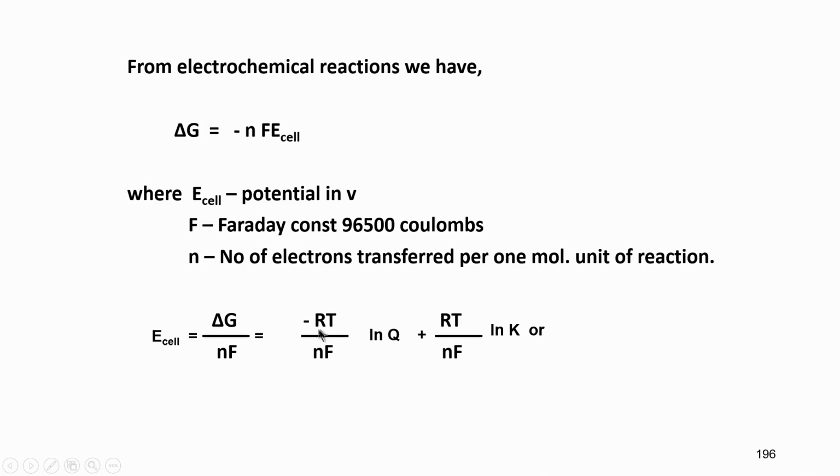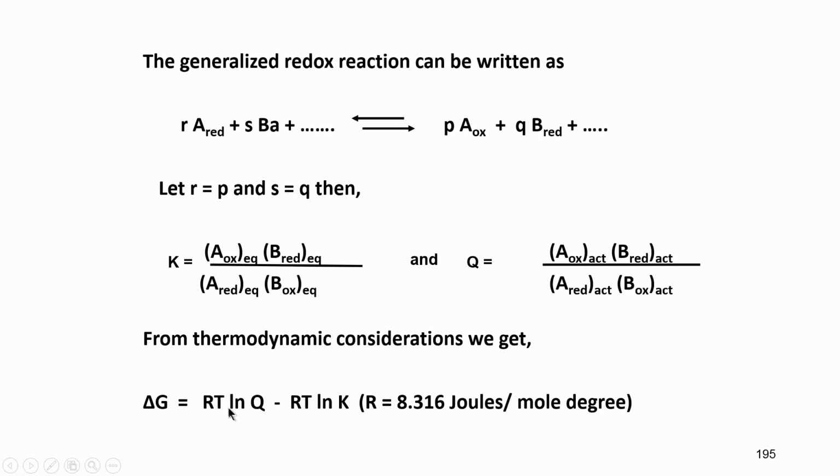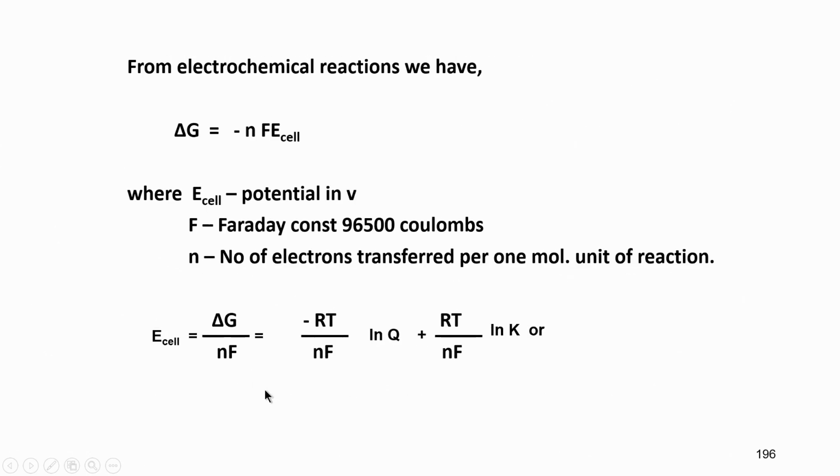That is equal to minus RT by NF ln Q and RT by NF ln K. This expression is obtained by equating the previous equation, that is RT ln Q minus RT ln K. I am replacing delta G with that expression.